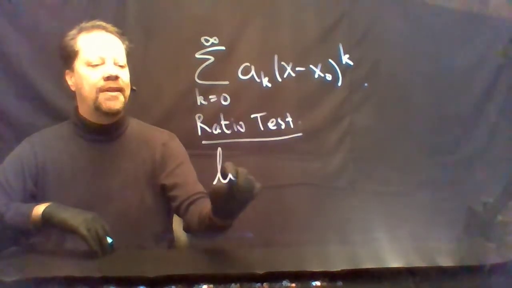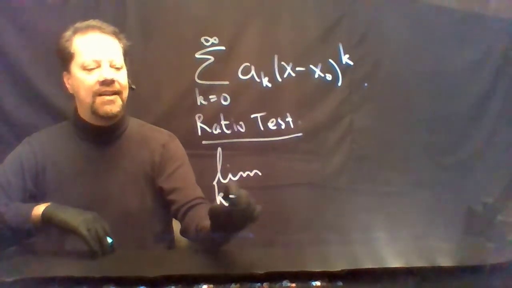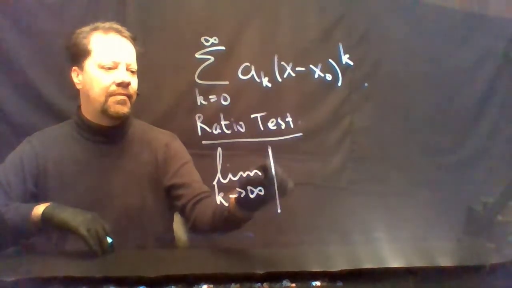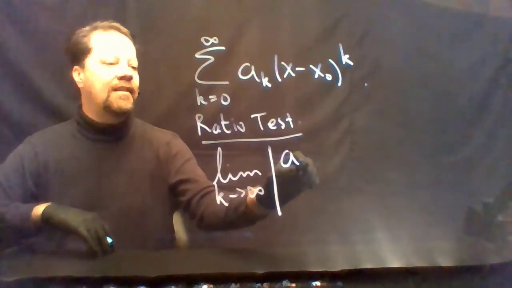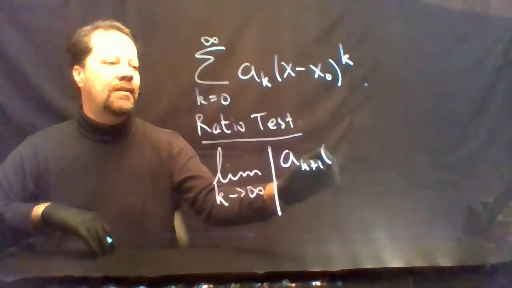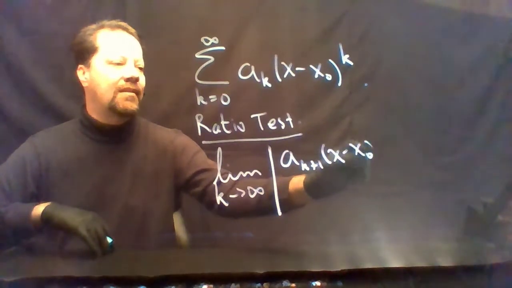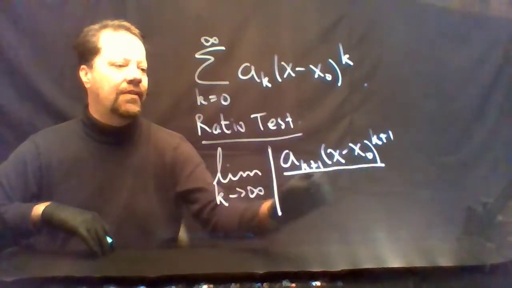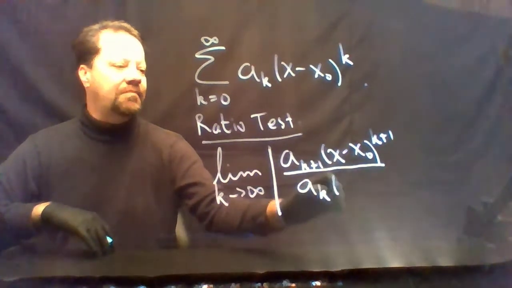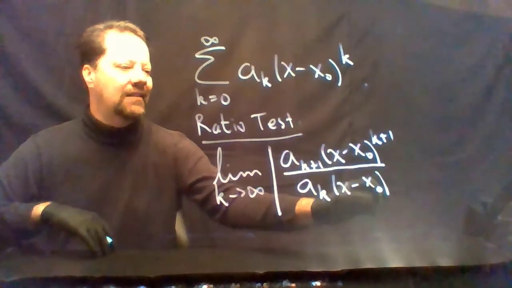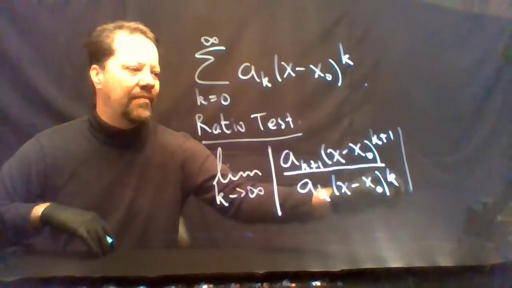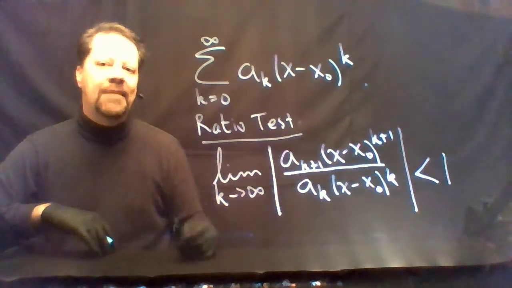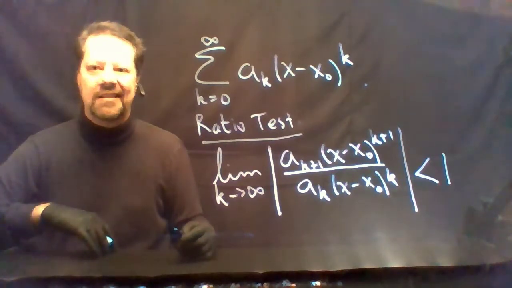We'll take the limit as k goes to infinity of the absolute value of a k plus 1 times x minus x naught to the power k plus 1 all over a sub k x minus x naught to the power k. To get convergence, we require that that limit, if it exists, must be less than 1.